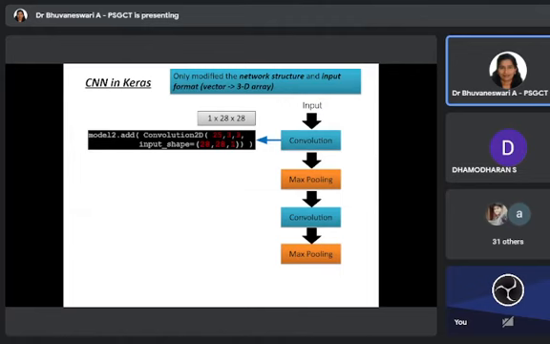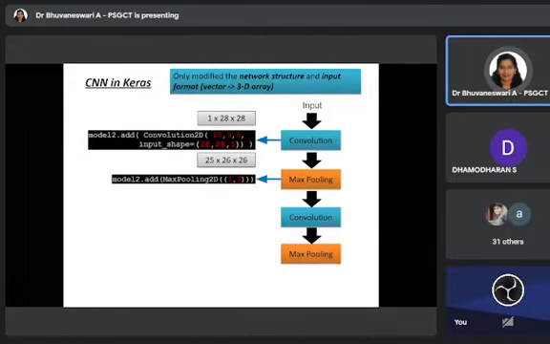You design the model, you apply the convolution, dividing the input image with 25 filters of size 3 by 3. So you have 25 into 26 by 26. Then you apply the max pooling, reducing the size further with a 2 by 2 matrix. So it is 25 into 13 by 13.